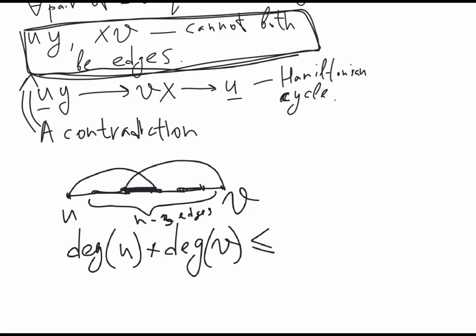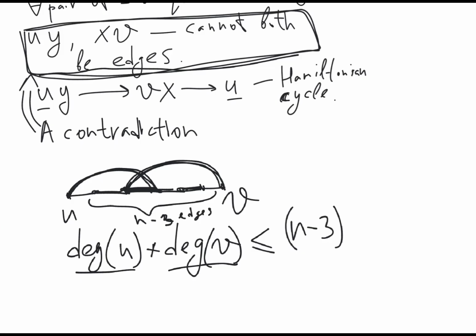So from u to this end of this edge, and from v to this end of this edge, there is at most one edge. So when we consider all of these n minus 3 edges, the sum of the degrees of u and v is less or equal than n minus 3. So the degree is the number of edges incident to u and v, right?